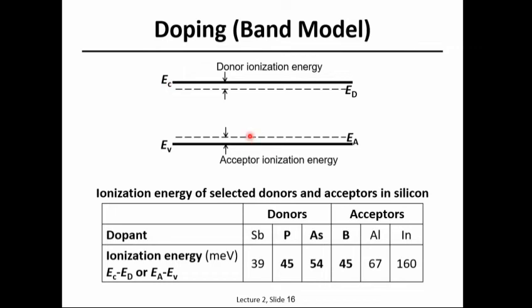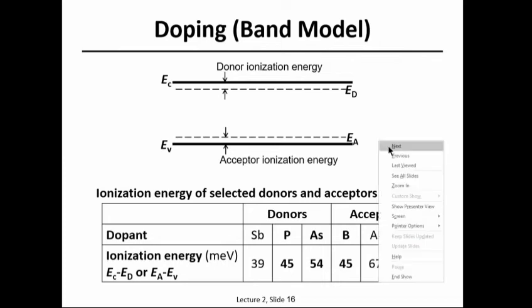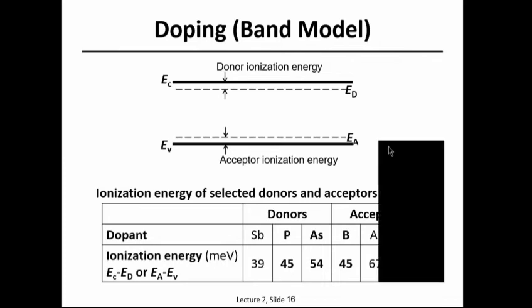The same thing holds for the acceptor. It will be taking electrons from the valence band, so we measure the energy between the valence band and the energy state of the acceptor in order to find the ionization energy.